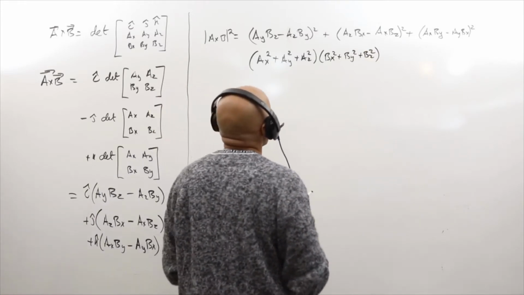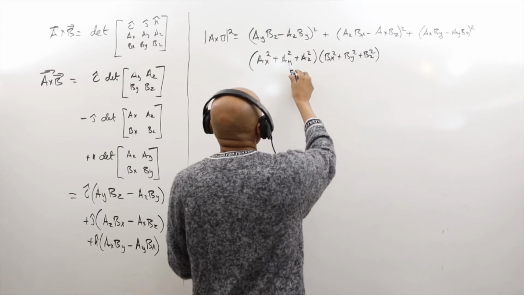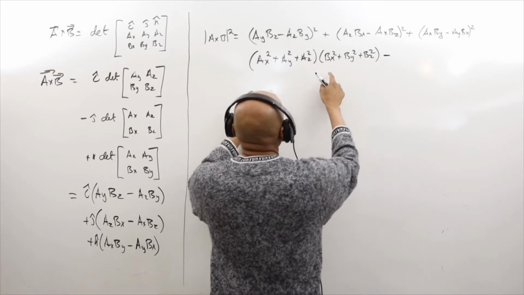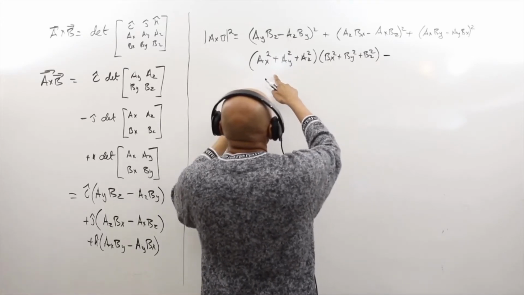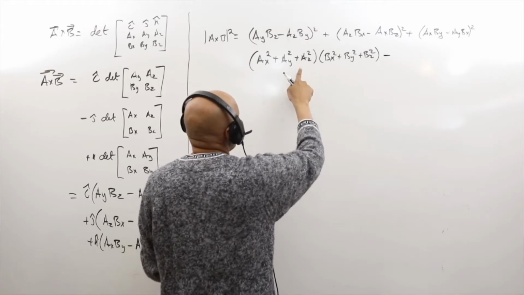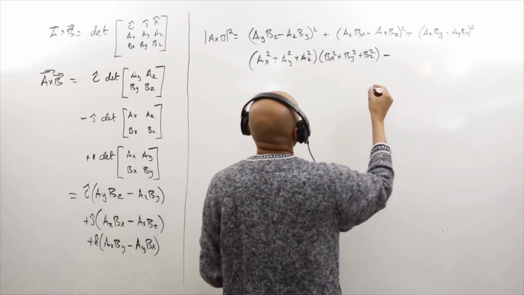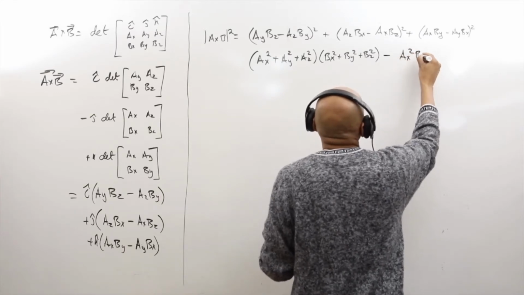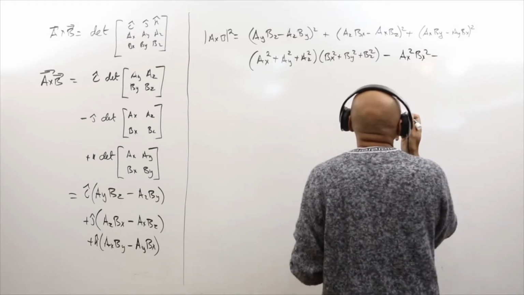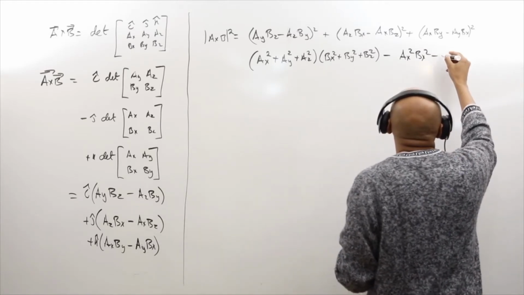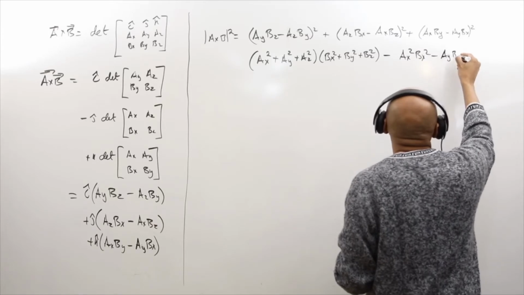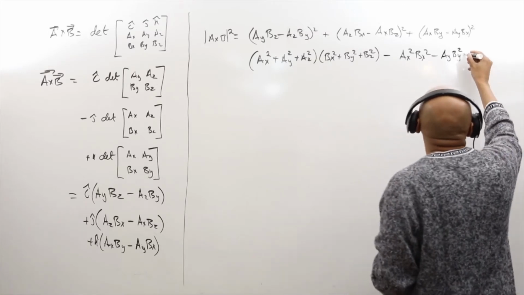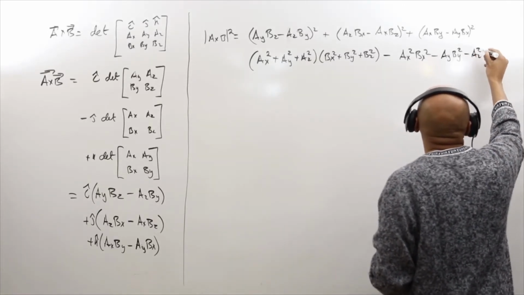But I'm going to have to subtract some elements to get just the square elements from the top row. I have to subtract the diagonal elements. When I take these two products, I'll get 9 elements. There'll be 3 extra elements consisting of terms of Ax squared Bx squared, minus Ay squared By squared, minus Az squared Bz squared.